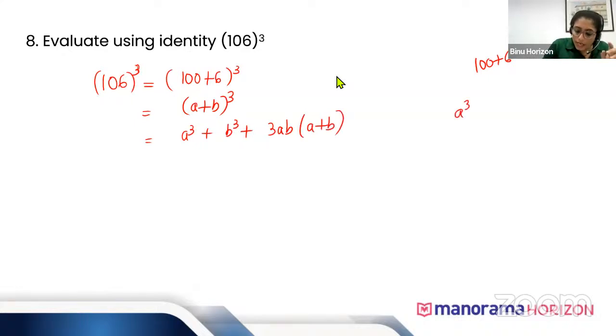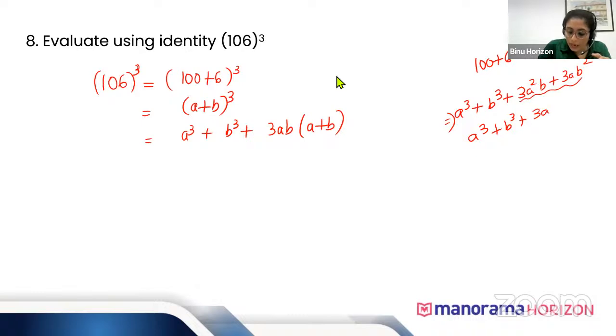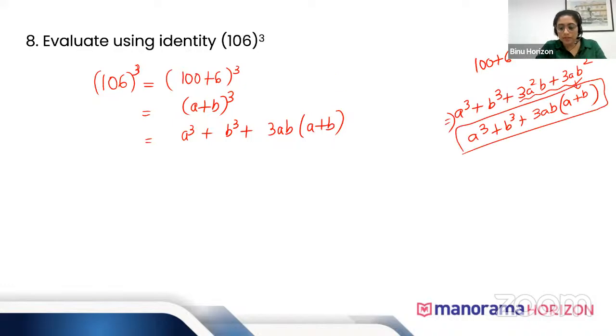In some, it is A cube plus B cube plus 3A square B plus 3AB square. This is also correct. We just wanted to reduce the calculation. So instead of 3A square B plus 3AB square, you can take 3AB common from these two, so what remains is A plus B. This is the final simplified version, much more simplified than the first one. Both are correct.